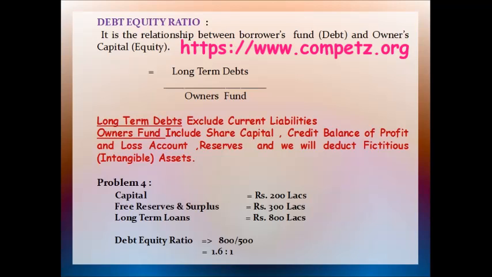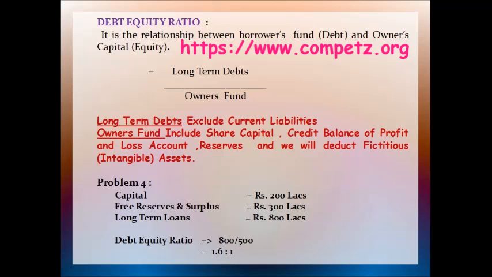Similarly, if in your exam problem share capital is not given and we need to calculate the debt equity ratio, how will we calculate? In that case, for shareholders funds or equity, we can calculate non-current assets plus working capital minus non-current liabilities.